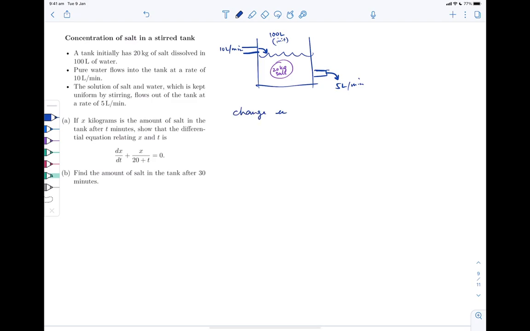Now, the change in salt over time depends on the inflow and the outflow. Right, so let's look at the change coming in. Now that's actually really kind of simple.